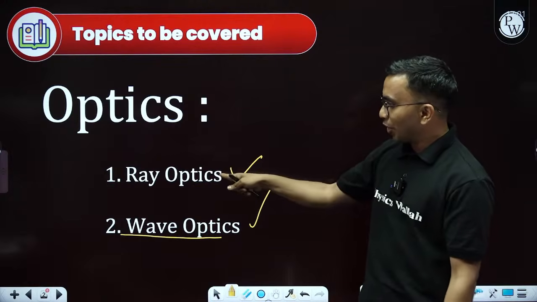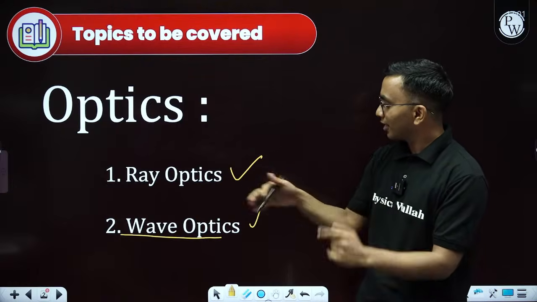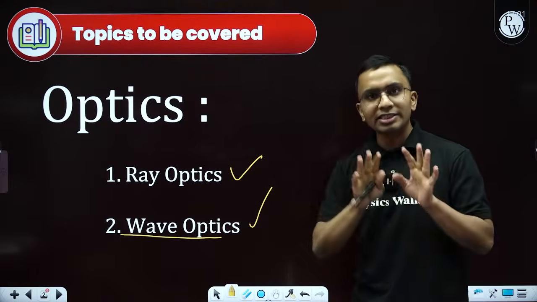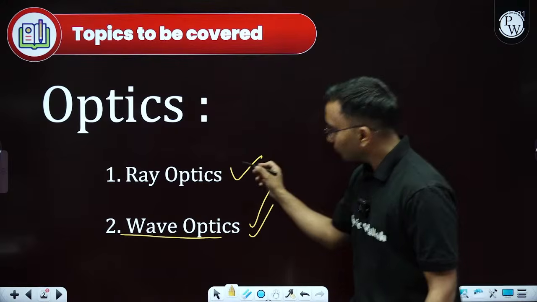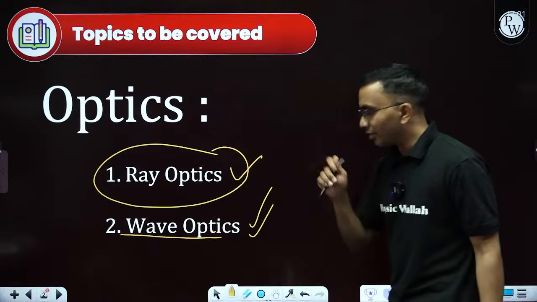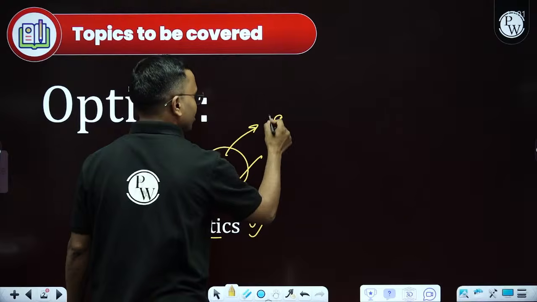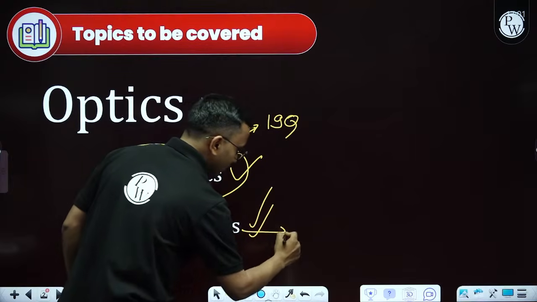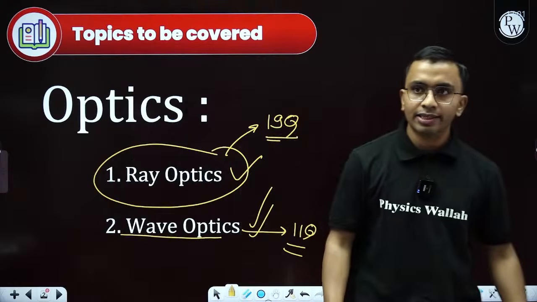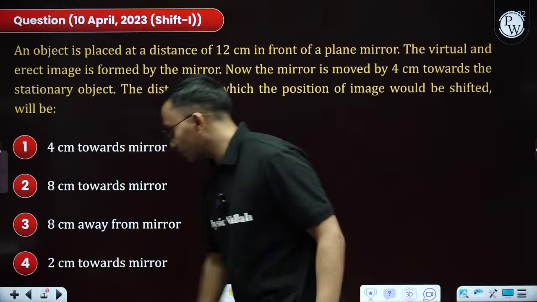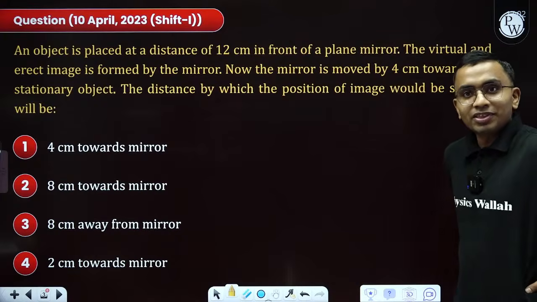So ray optics is a heavier chapter with 19 questions against 11, and is certainly more important, but wave optics is also important. So let us begin with the first question.